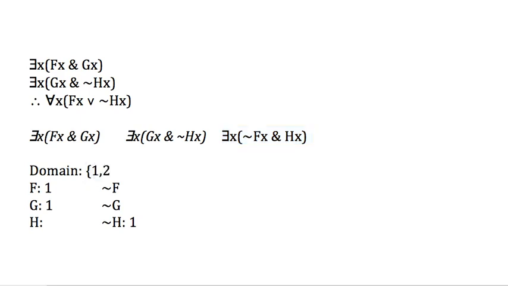We add the number 2. We want the number 2 to be a non-F, but also an H. And so now this formula is also true in our interpretation. We haven't bothered to say whether the number 2 is a G or not.